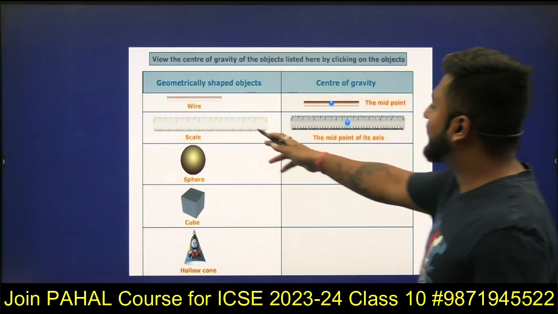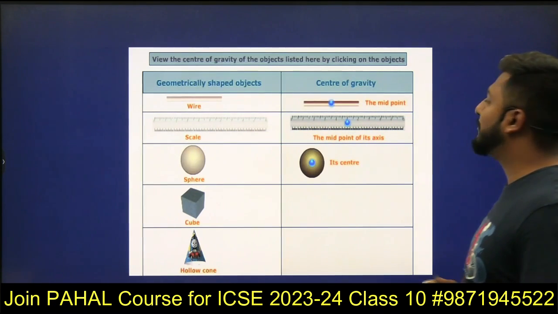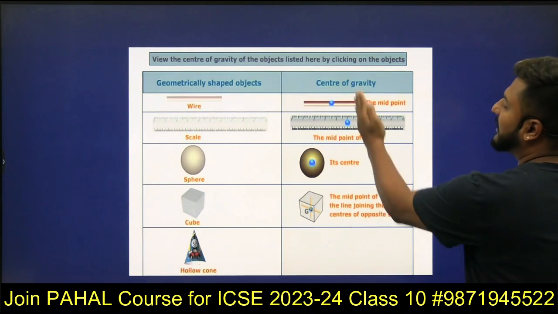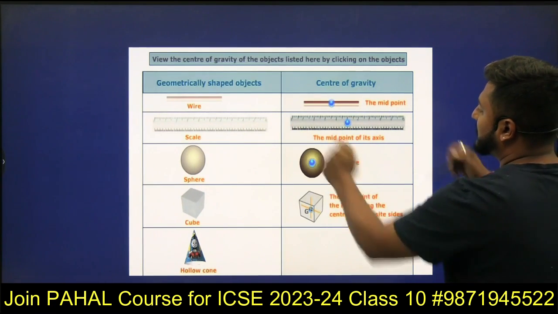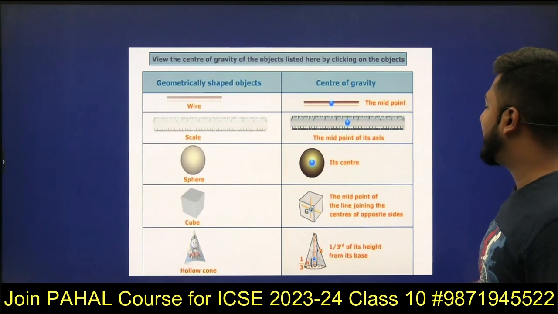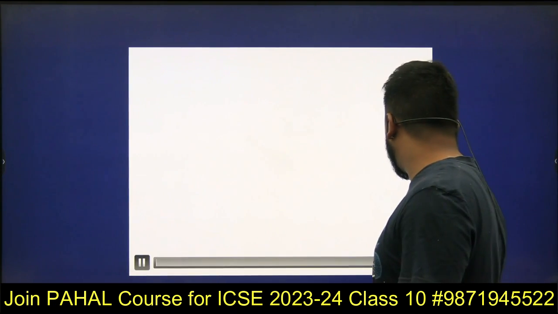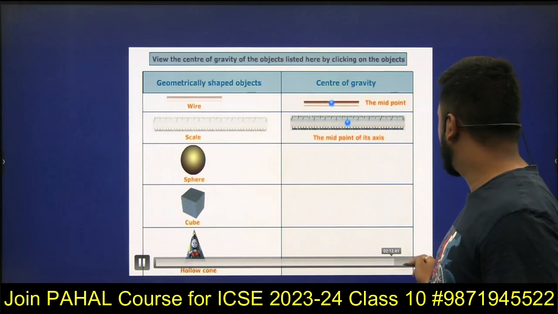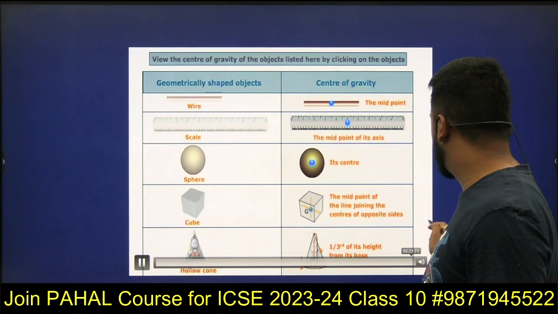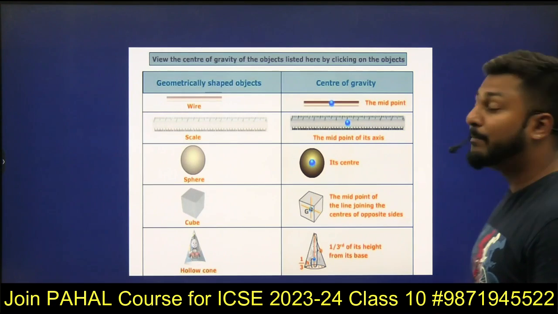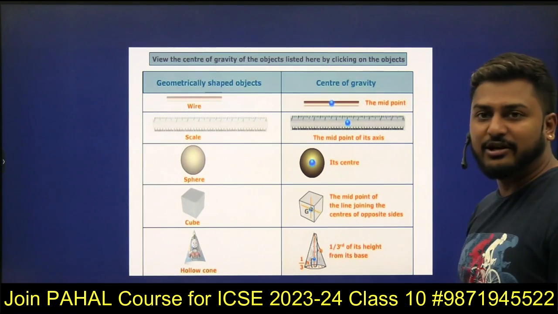Similarly, center of gravity for a scale will again be the midpoint of its axis, that means x axis and y axis, from here in the middle and from here in the middle, right? Similarly, a sphere has its center, and for a cube, the midpoint of the line joining the centers of opposite sides will be the center of gravity.